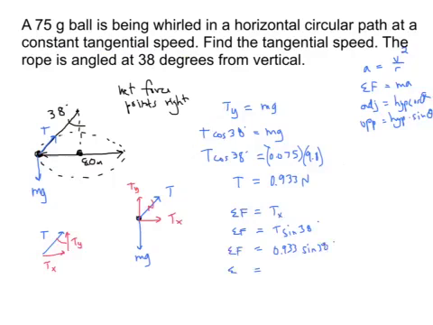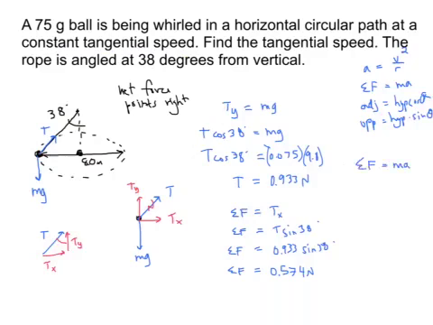So what do we calculate for the total force? Let's see. Sine of 38, and we get 0.574. Keep another decimal place. All right, then. Once we've found net force, next we find the acceleration.